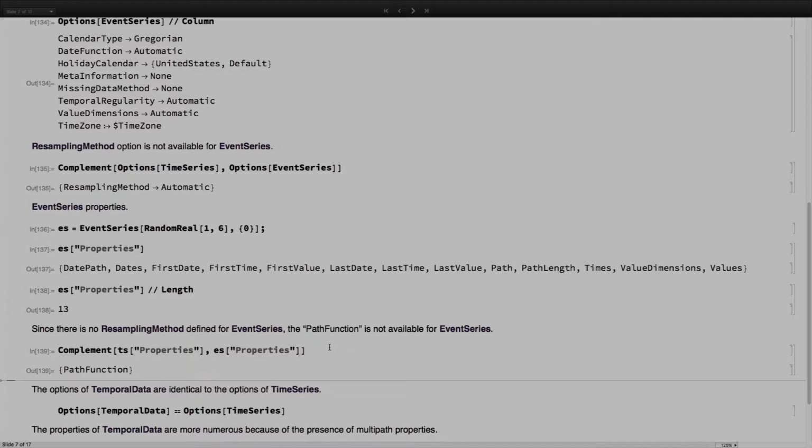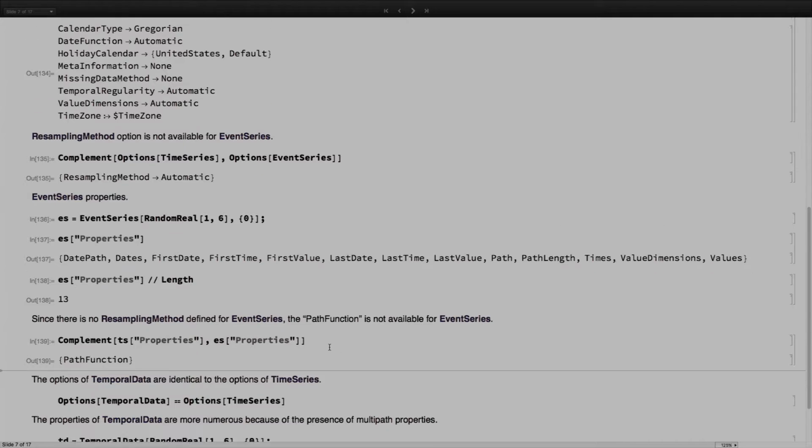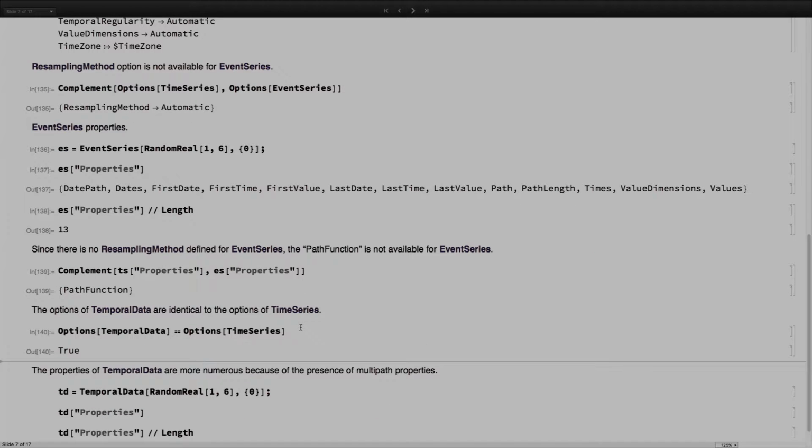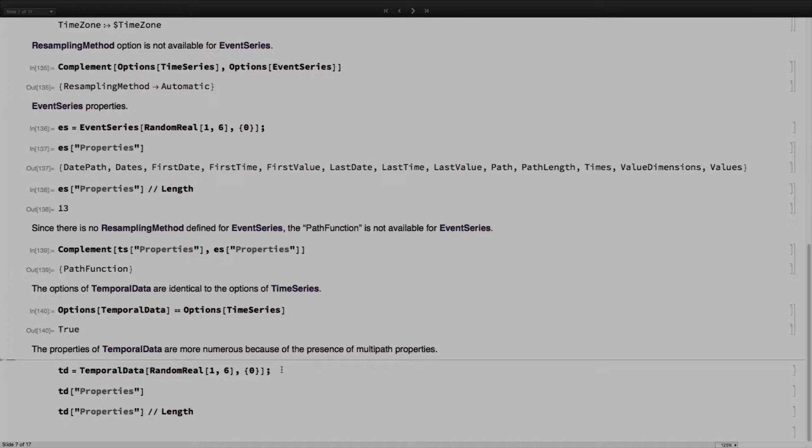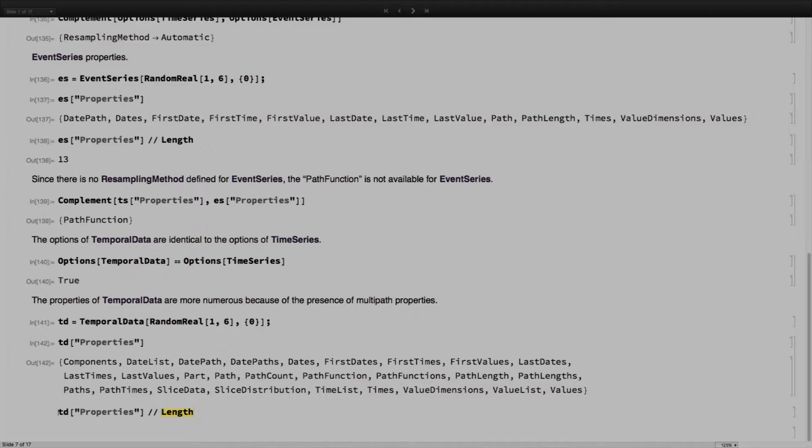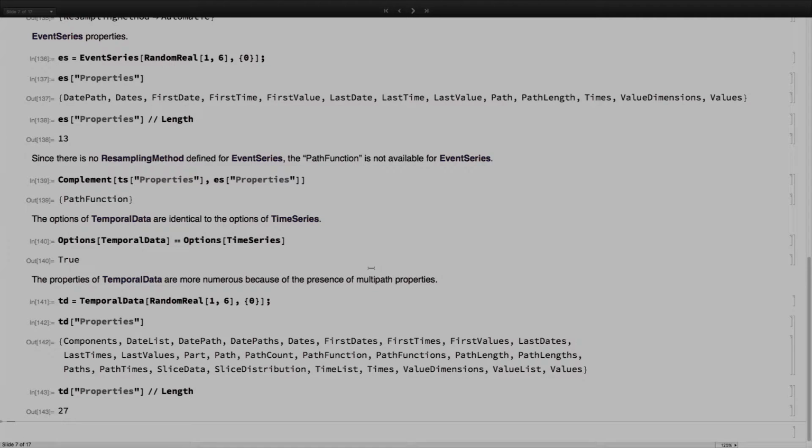We don't know what happens in between the timestamps. Now, for the temporal data, options are identical to those of time series. And when you look at the properties, we have many more, 27, because we have multi-path properties. So it's not that I'm going to ask just for the path, but I may ask for all the paths, not just the first path times. I may ask for the times for all the possible paths that are stored in the temporal data.